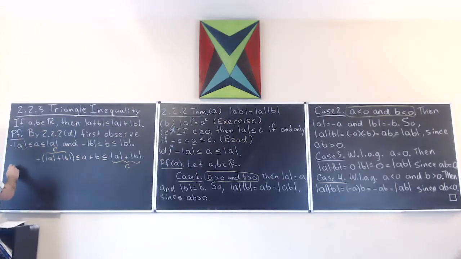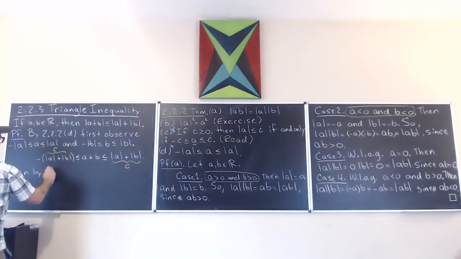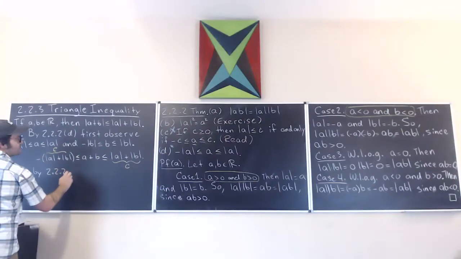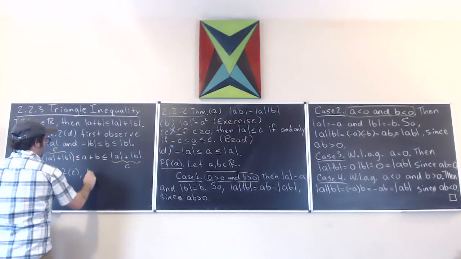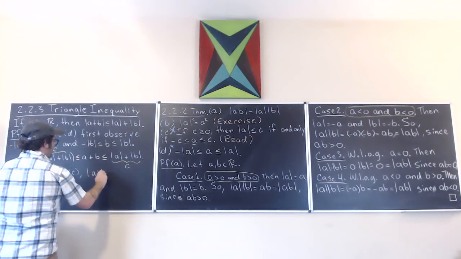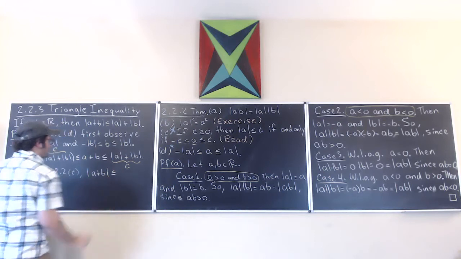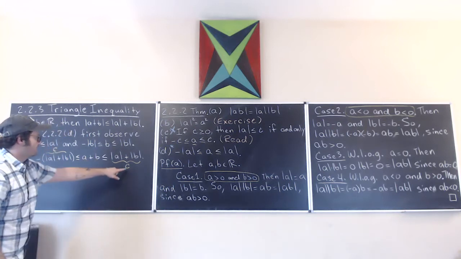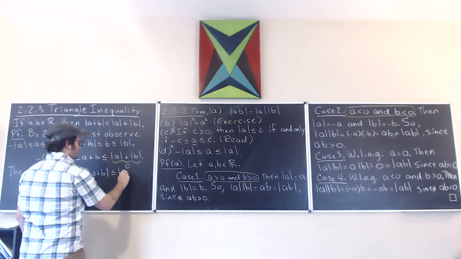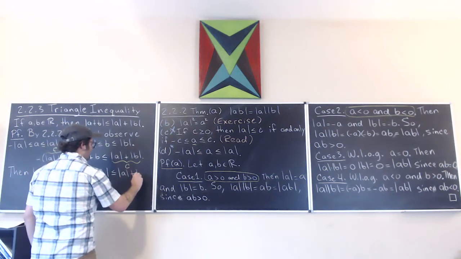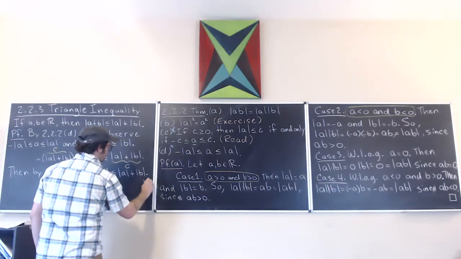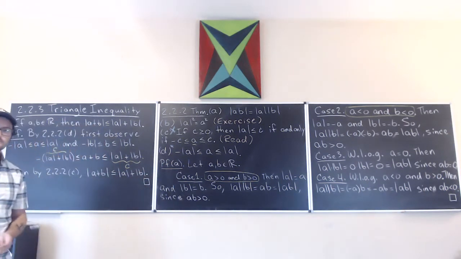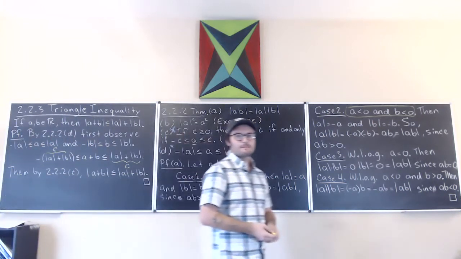So then by 2.2.2 part C, we have the absolute value of A plus B is at most the quantity C, which is just the sum of the absolute values. And that's it. Okay.